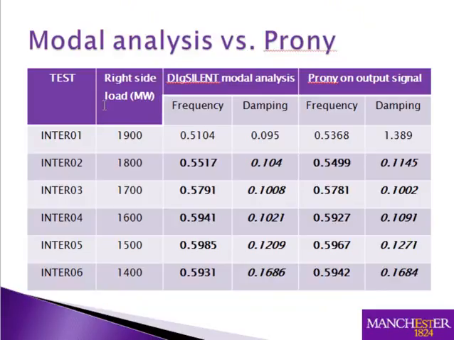And as you can see, the right side load has been decreased, and this has affected the frequency and damping, obviously on both model analysis and Prony on the output signal. And if you compare, this was a bad test. If you compare all these tests, the frequency here with the frequency there, damping here with the damping there, you will see that you have 2 digits precision. So the results are relatively accurate.